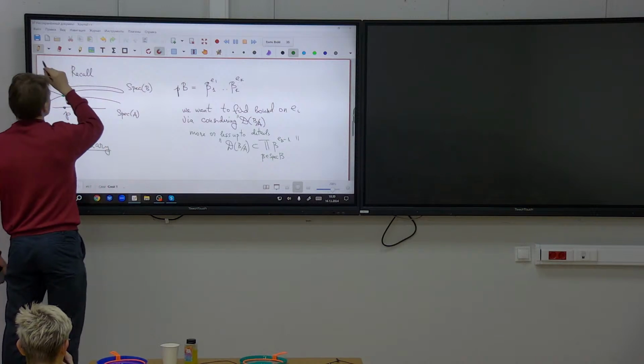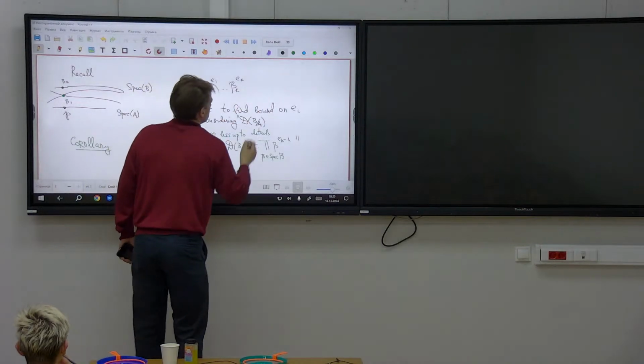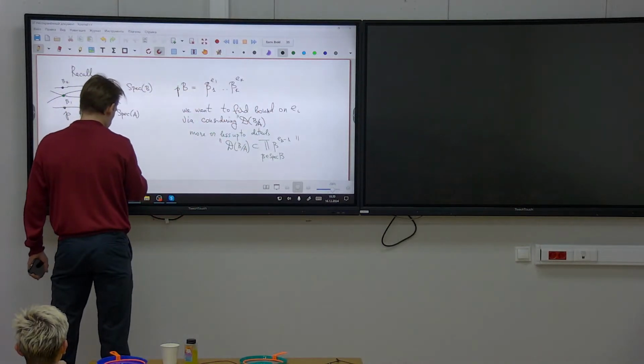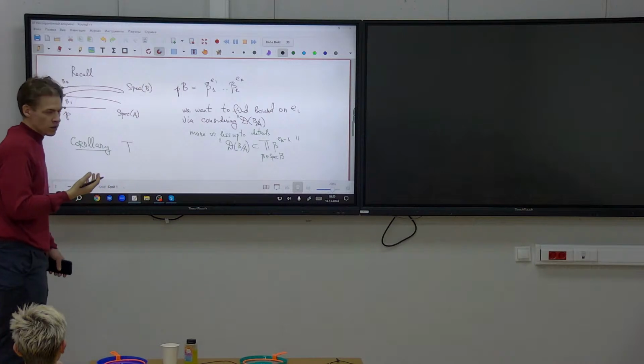And a corollary, of course, is that the set of ramification points is bounded.